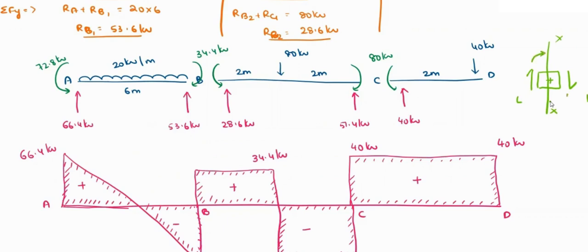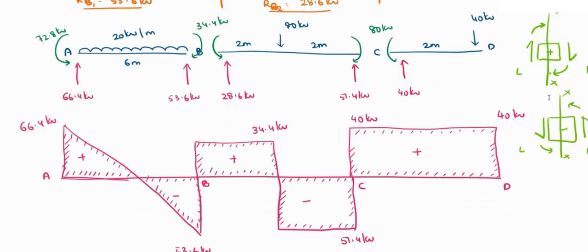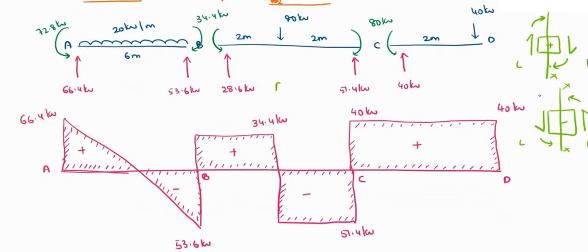Towards your section, if it is making a clockwise direction, then it will be positive. Similarly, when it is making an anti-clockwise direction for your section, then this is a negative shear you are going to get. So this will be your free body diagram, up one, and this one will be your shear force diagram, downward.